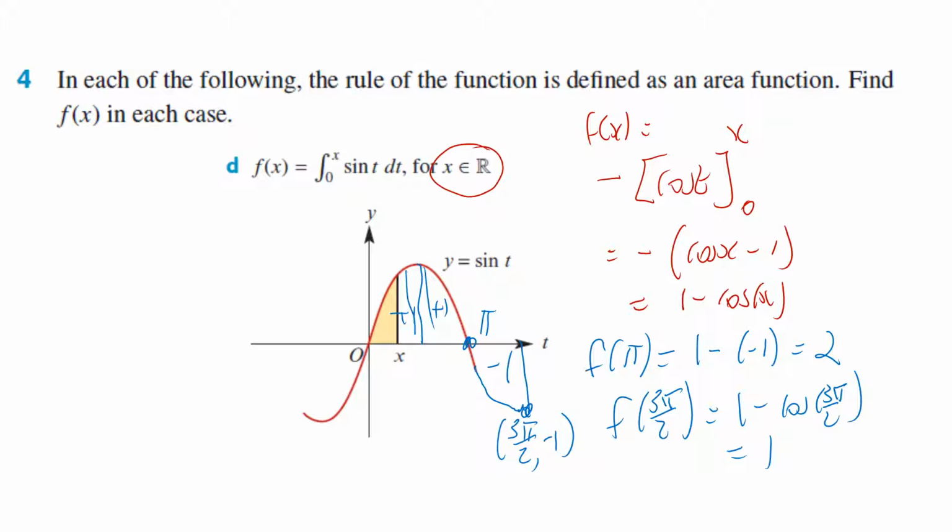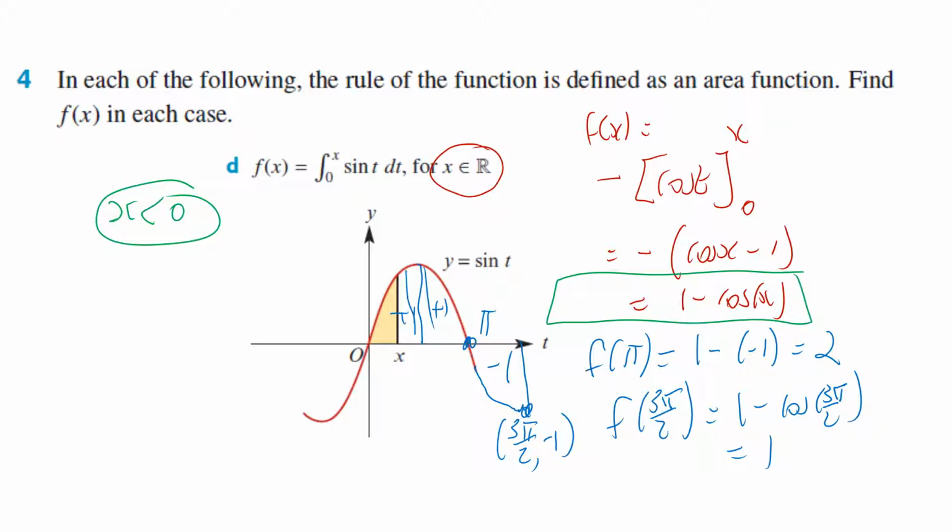Curious situation when x is less than 0. Does this rule still hold for the net signed area? Well, it does and it doesn't. There's a bit of a limitation because x is our upper bound. So let's think about it in the negative direction.